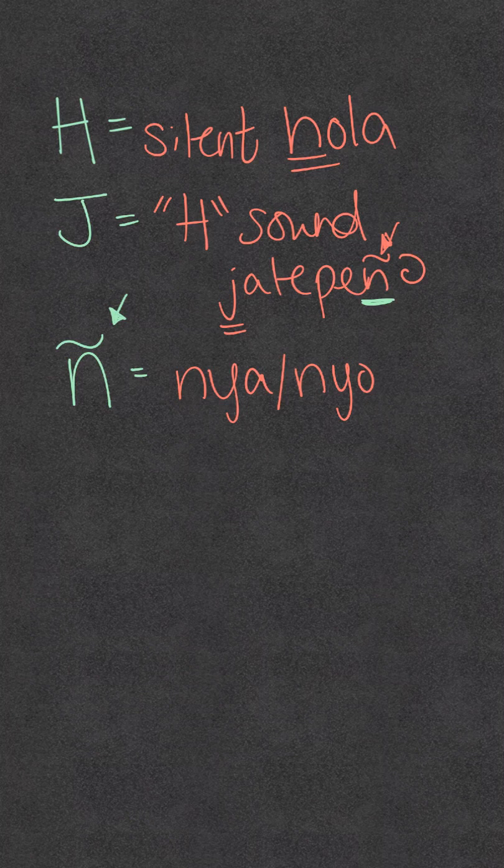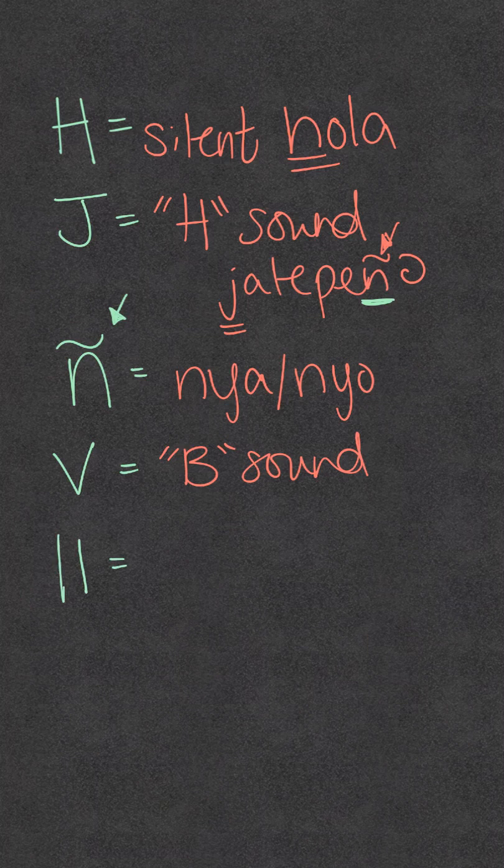All right, the next letter combination is going to be B. B sounds pretty much identical to la letra B. It has that normal B sound that we're used to. So B. Our next letter combination, we're going to take a look at the double L. This does not make a la sound like a singular L would, but this makes a traditional Y sound.